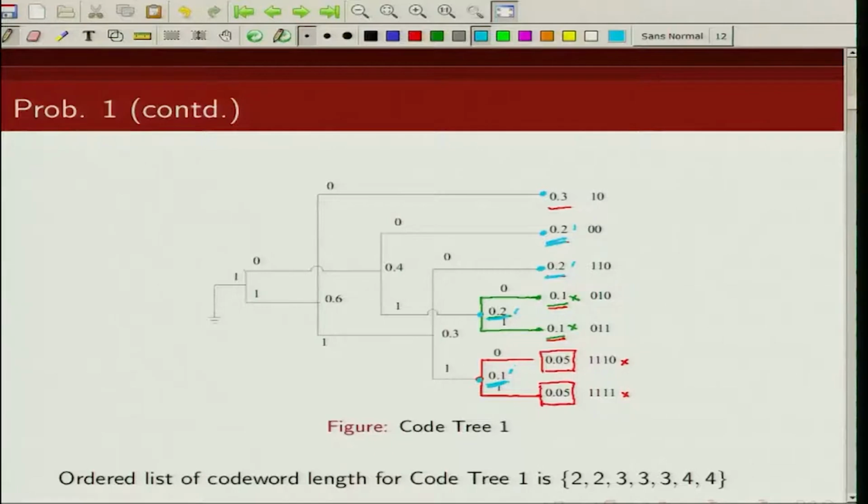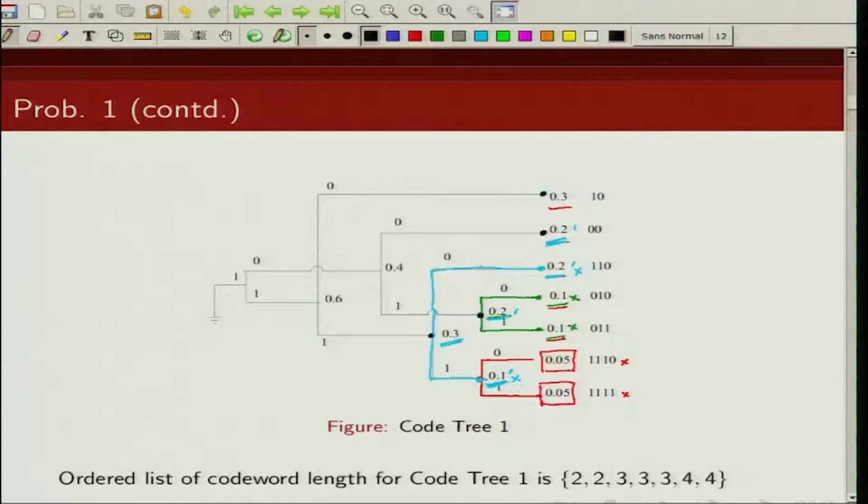In this example, I'm just combining with this one. So I get a new node whose probability is 0.3, and I deactivate these two nodes. At this point, my active nodes are this one, this one, this one, and this one.